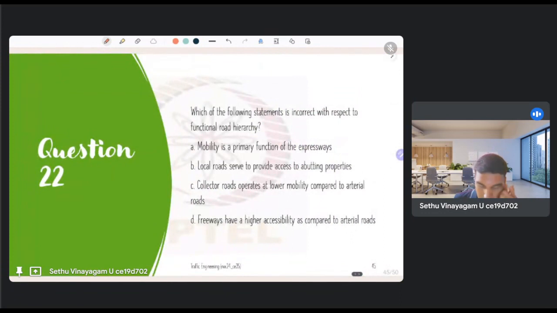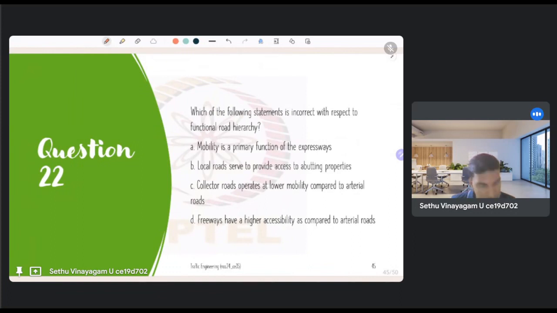Question 22. Which of the following statements is incorrect with respect to functional hierarchy, road hierarchy? Option A, mobility is a primary function of the expressways. B, local roads serve to provide access to abutting properties. C, collector roads operate at lower mobility compared to arterial roads. And D, freeways have higher accessibility as compared to arterial roads.